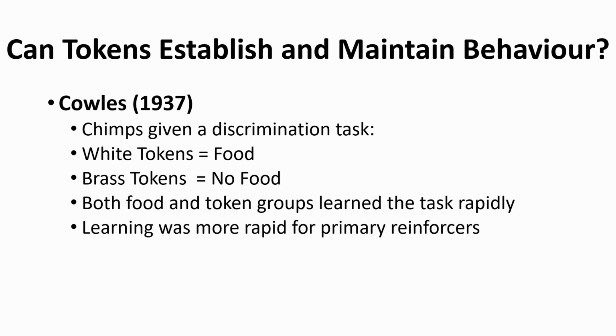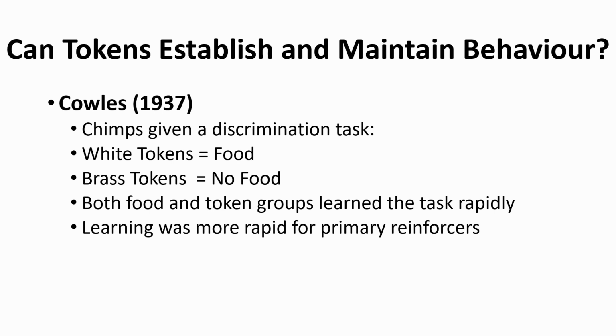Okay, so what next? As I mentioned, the Cowell study also used chimpanzees, and in this case, they were given a discrimination task. If you read through the abstract for this article, they did quite a few different discrimination tasks, but we're just going to hit some high points here.